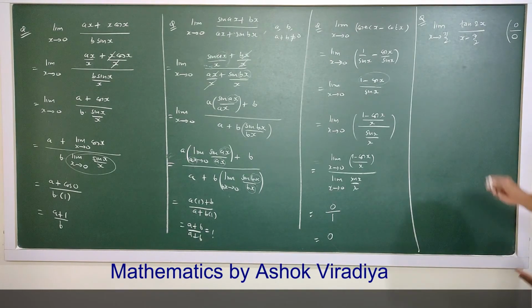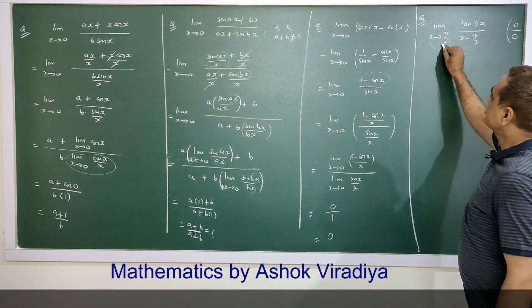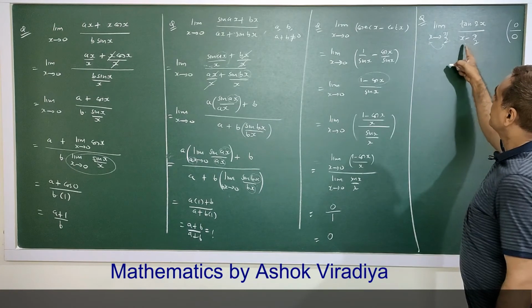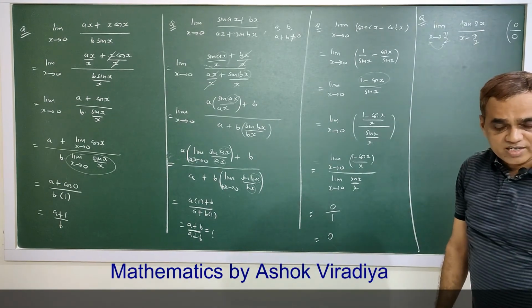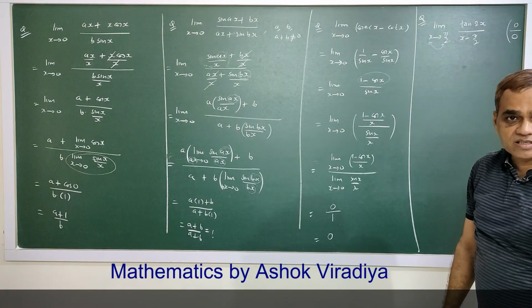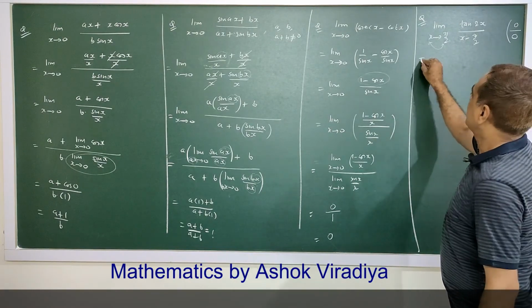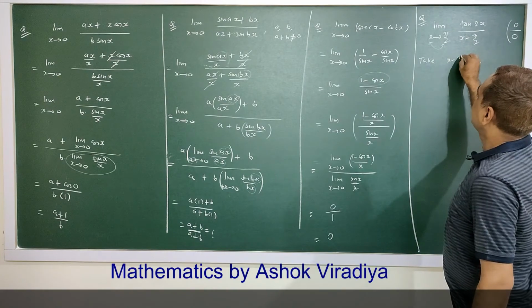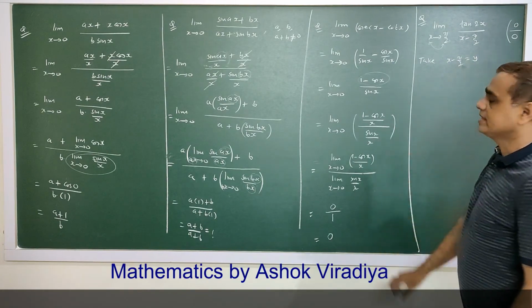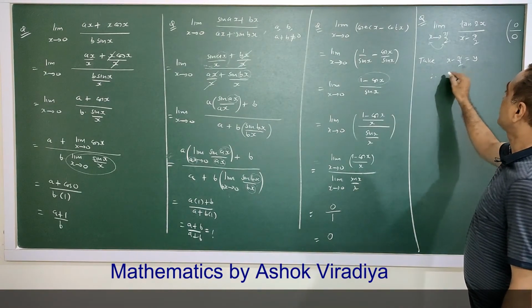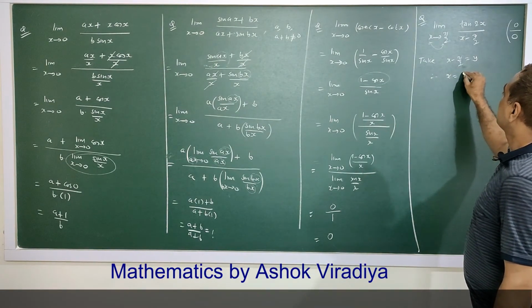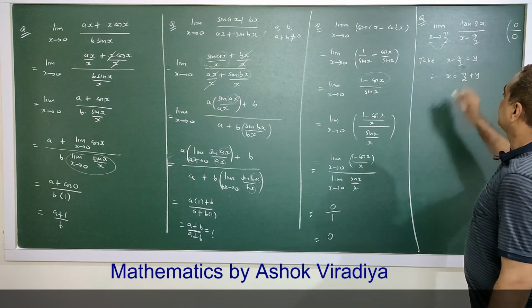So what do we do here? Check the difference of these numbers. Here x minus pi by 2 is given, take the difference equal to y. Using substitution, we are taking x minus pi by 2 equal to y. So x will be replaced by pi by 2 plus y.